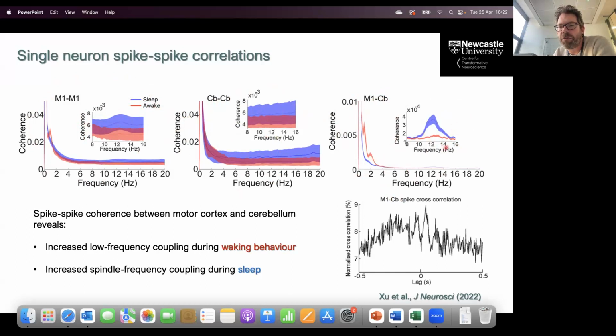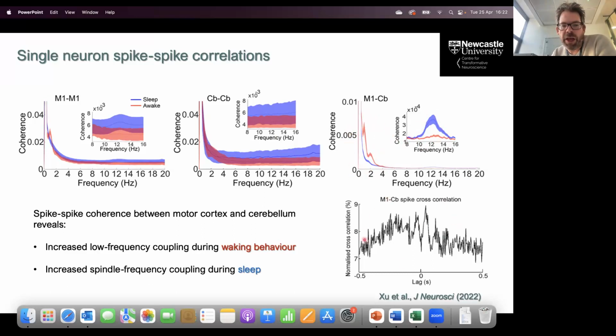And I've zoomed in on the spindle band here, and you can see that in sleep we see an increase in spike coherence at spindle frequencies, but we see a reduction in spike coherence at these low frequencies that are associated with movement. These are the dominant frequencies in the movements that the monkeys are making during the day.